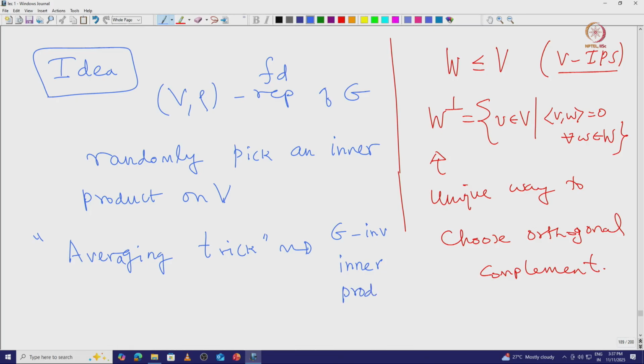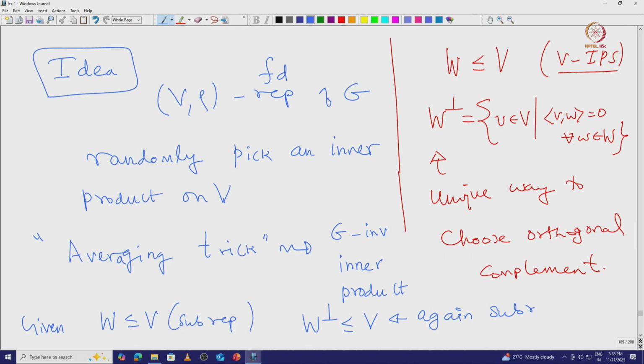Once we have this G invariant inner product, then given any subrepresentation W, we can make this unique choice of orthogonal complement of it inside V, and we will be able to prove that this orthogonal complement of W is again a subrepresentation of V. Not only that, it is going to be a complement of W inside V, because that anyway comes from linear algebra.